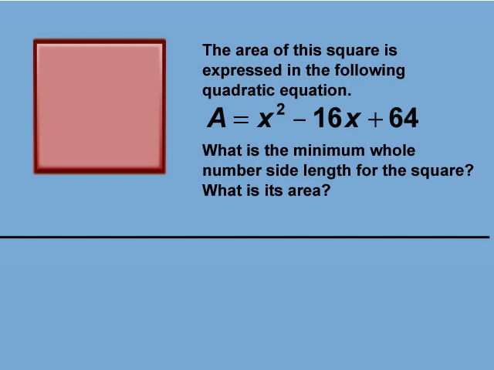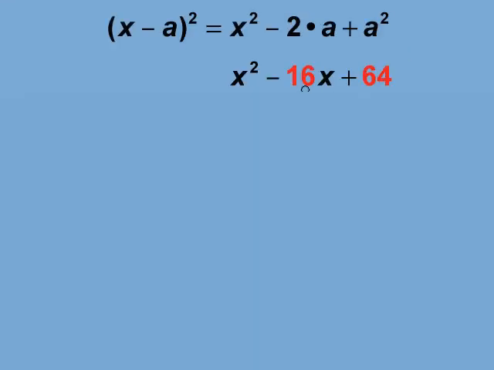Because this is a square, it will factor into a single binomial squared. The negative coefficient of the linear term shows that we're looking for a factor of the form x minus a. The square of x minus a results in this form of an expression. So take the quadratic that we're given and turn the linear coefficient into a product of 2 and another number.